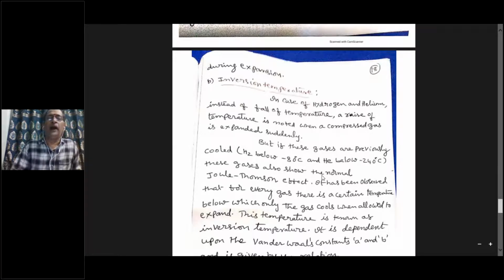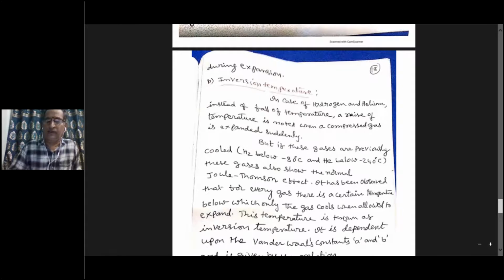But if hydrogen is cooled below minus 80 degrees centigrade and helium is cooled below minus 240 degrees centigrade, and if Joule-Thomson effect is conducted, again we get a cooling effect.